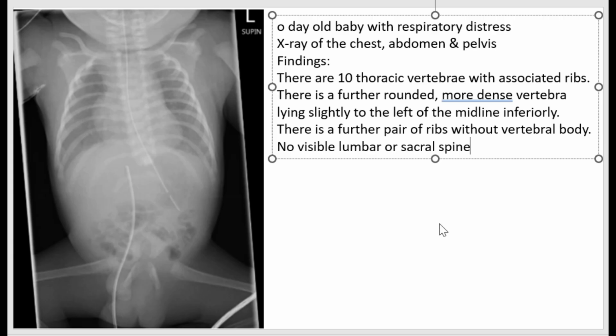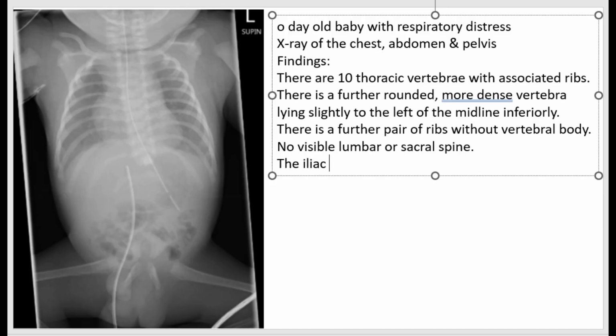Okay, so next finding, after no visible lumbar or sacral spine: the iliac bones appear to meet in the midline posteriorly.